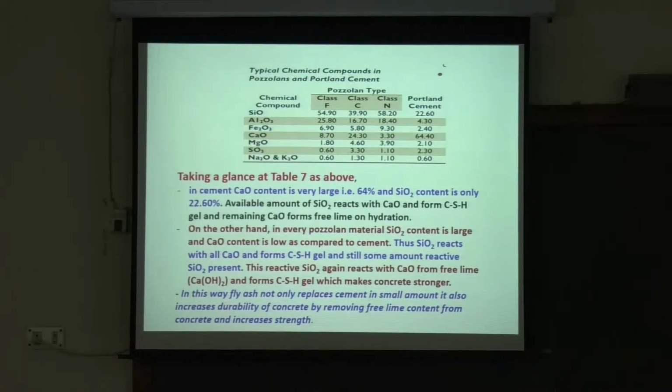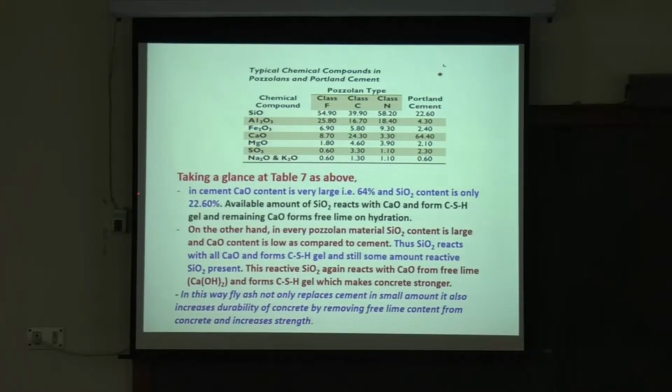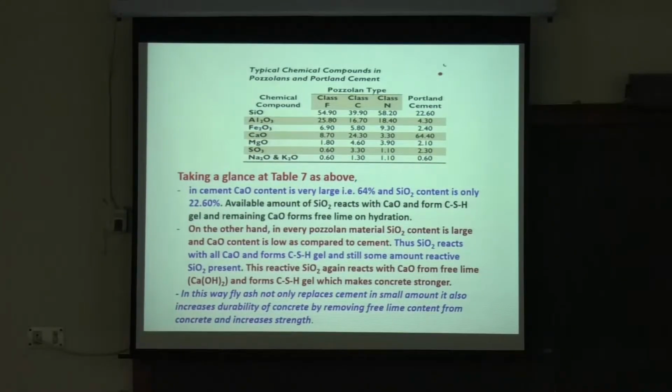This is normal cement. On the other hand, in every pozzolan material, the silicon oxide content is large and the calcium oxide content is low compared to cement. So silicon oxide reacts with all the CaO and forms that gel, and still some amount of reactive silicon oxide is present.